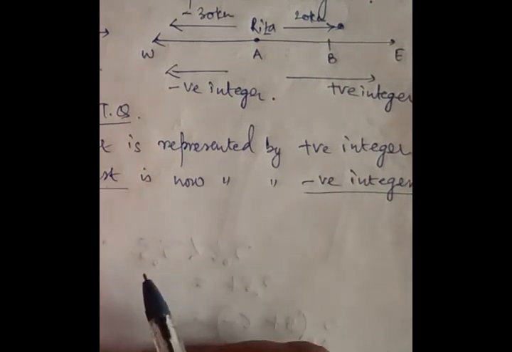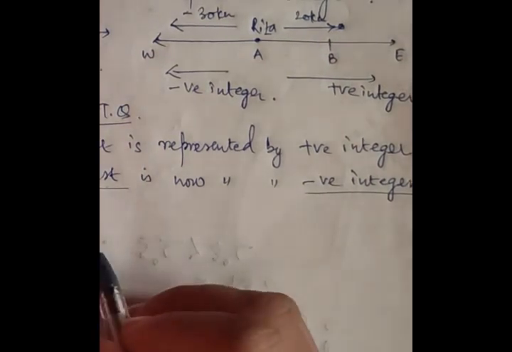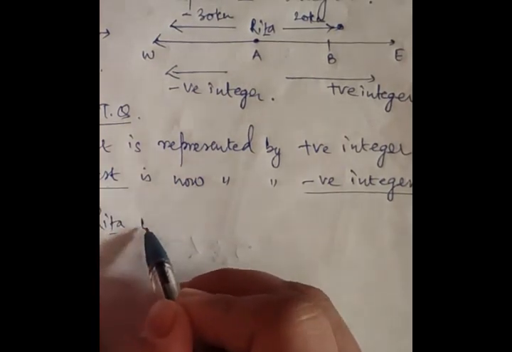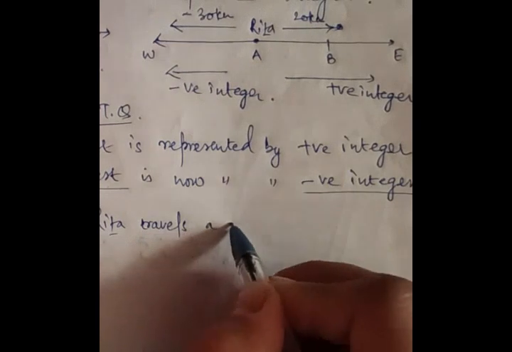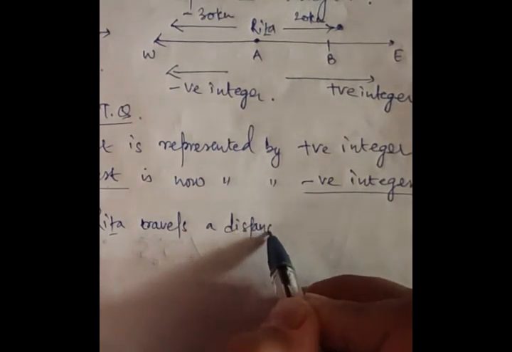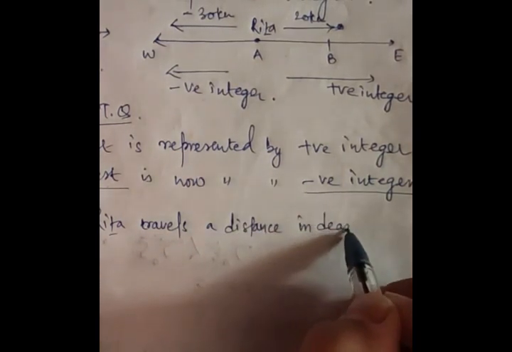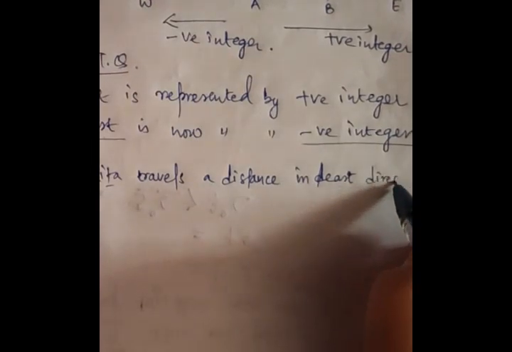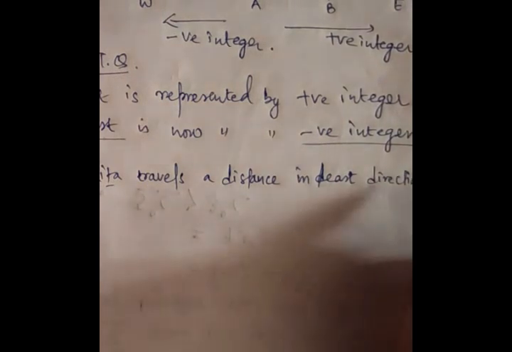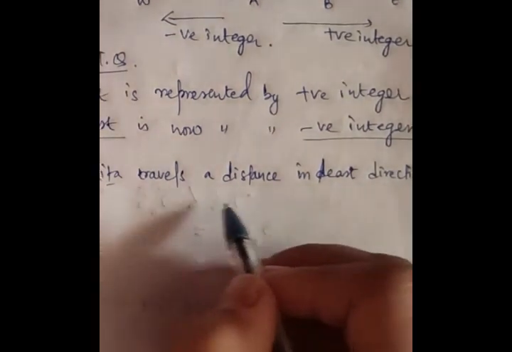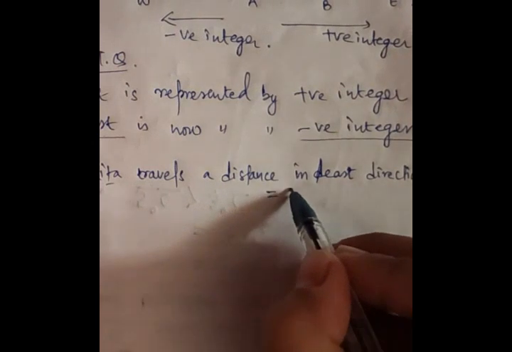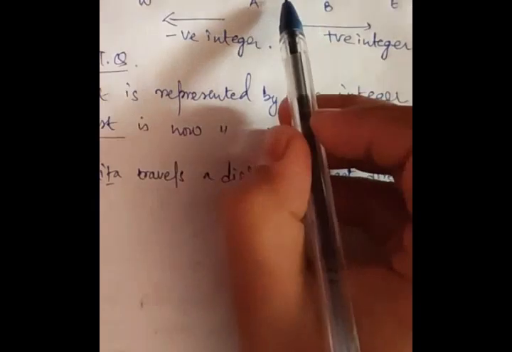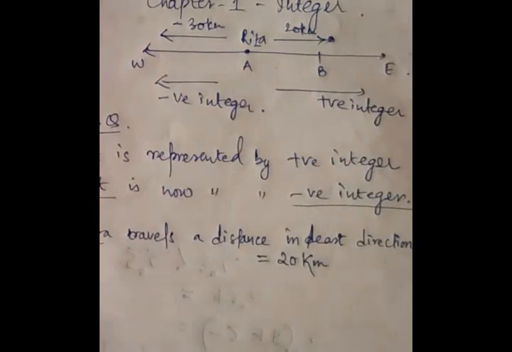Now we have to find the distance. Rita travels a distance in the east direction. In the east direction it is 20 kilometer, plus 20 kilometer, because east is represented by the positive integer.